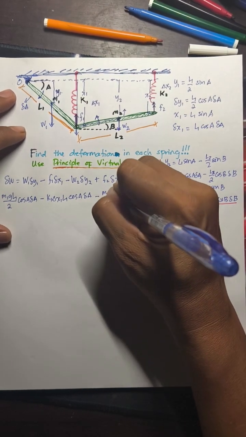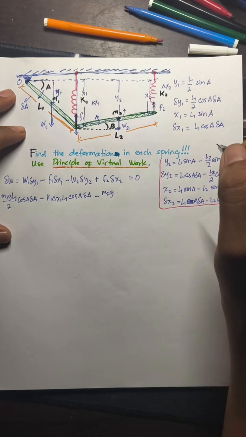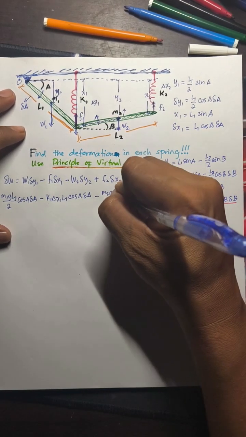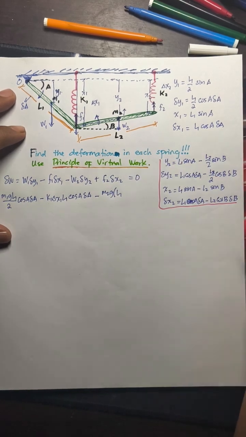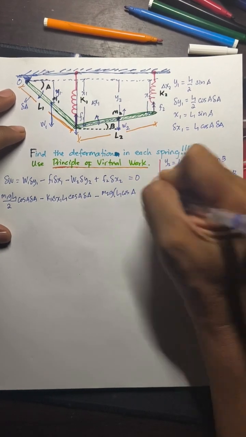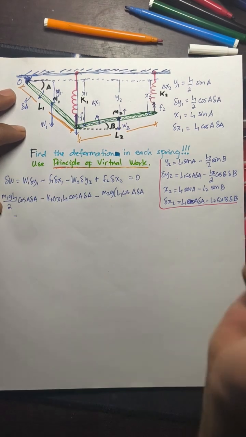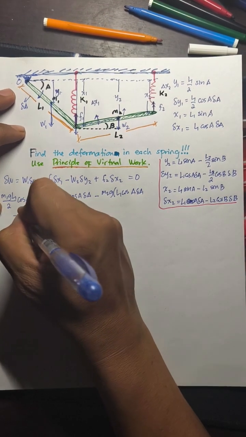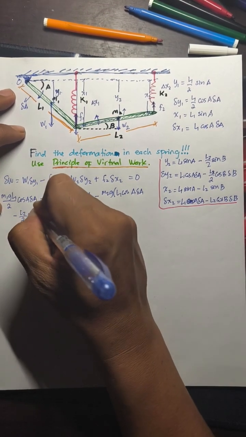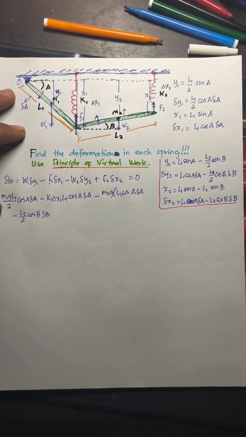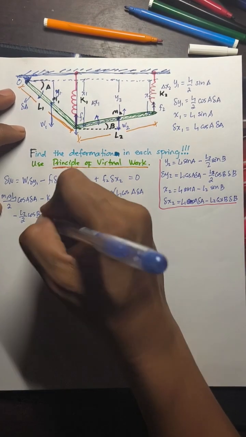That would be M2 G times delta Y2, which would be L1 cosine A delta A minus L2 over 2 cosine B delta B.